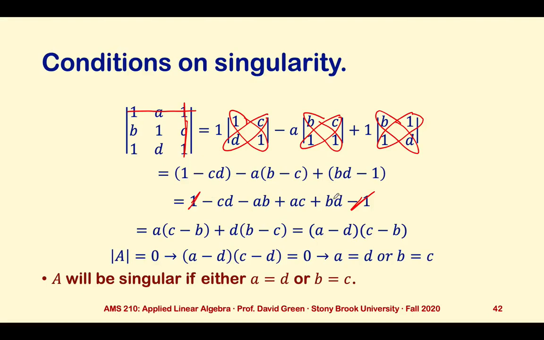If I look at these, I recognize that there are 2 terms that contain an A in them. These terms both contain an A. And the other piece is a C and a B of opposing signs, a negative AB and a positive AC.